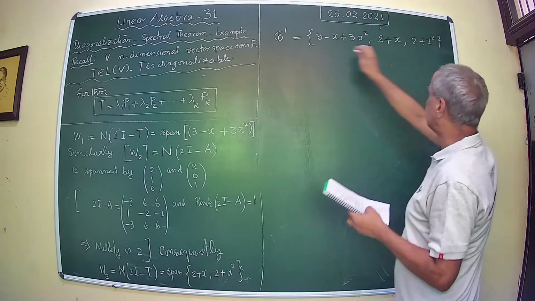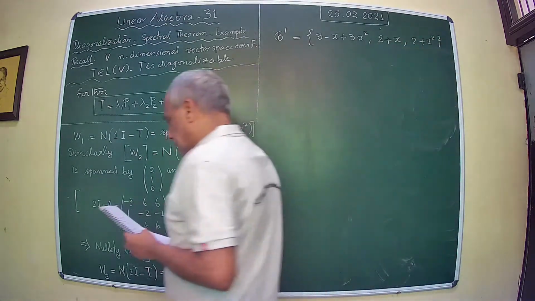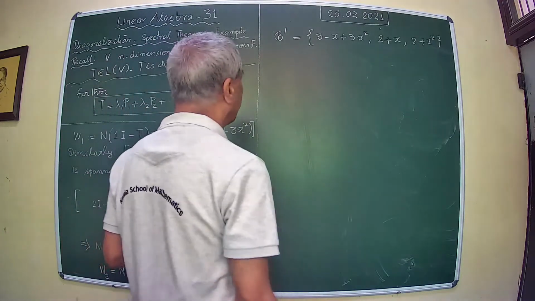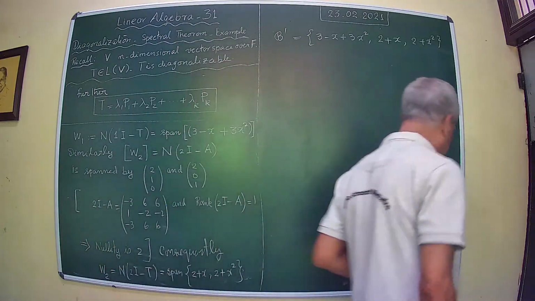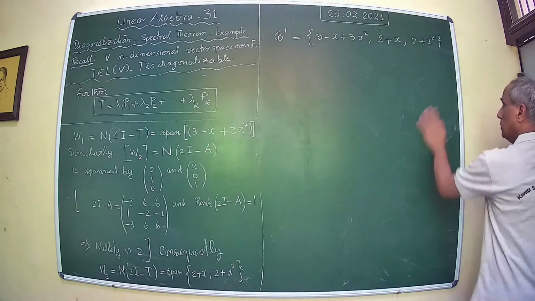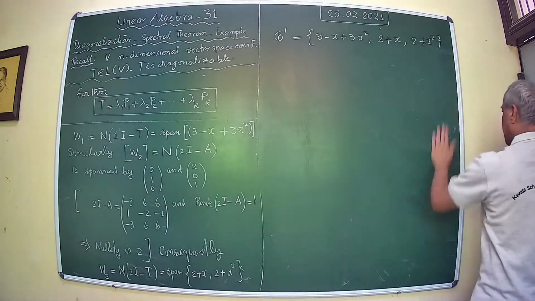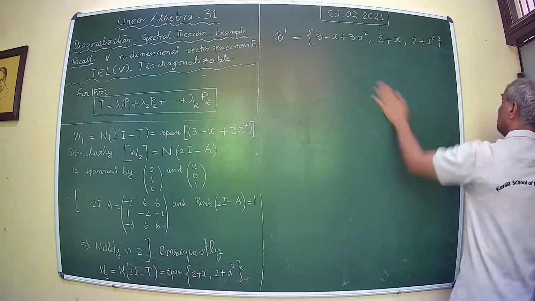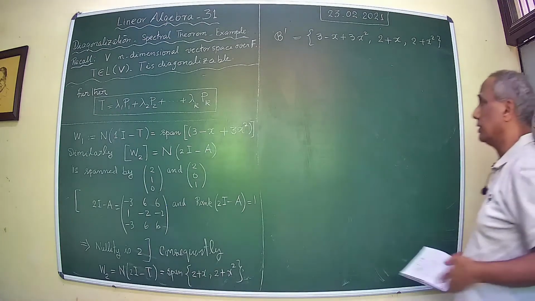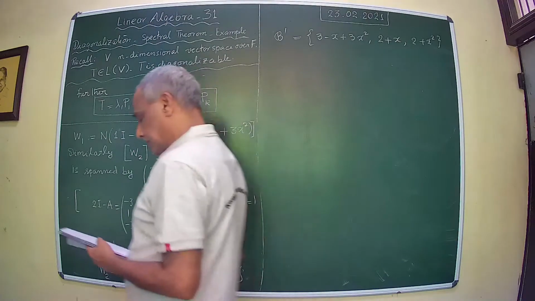But then quickly check that these three vectors are linearly independent, and it forms a basis for the polynomial space. They are polynomials of degree less than or equal to 2, and they span the whole space, being linearly independent.